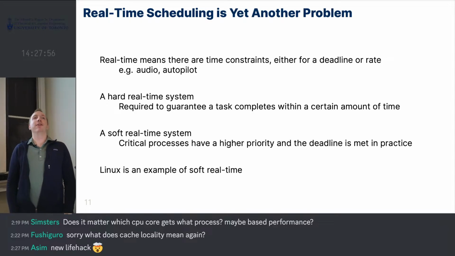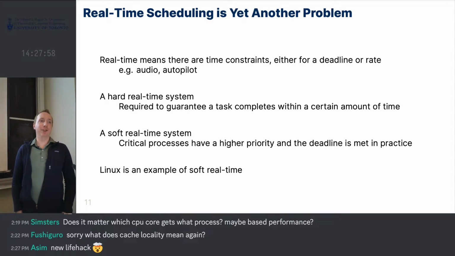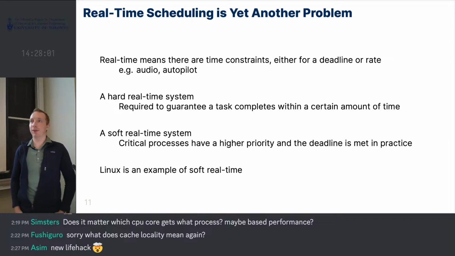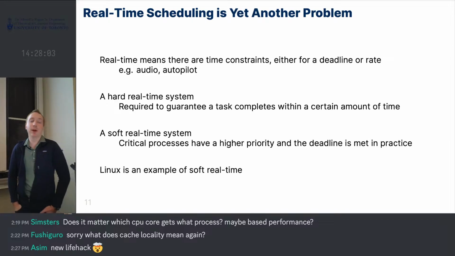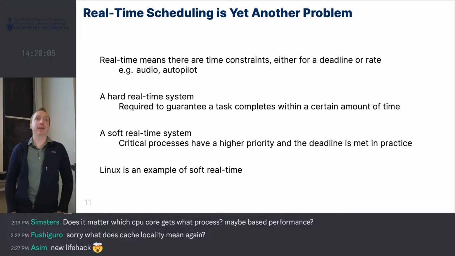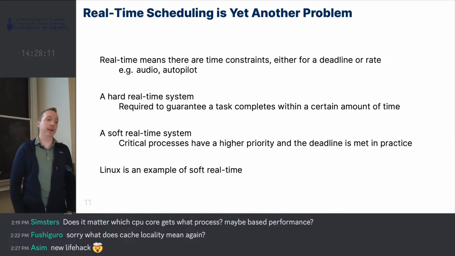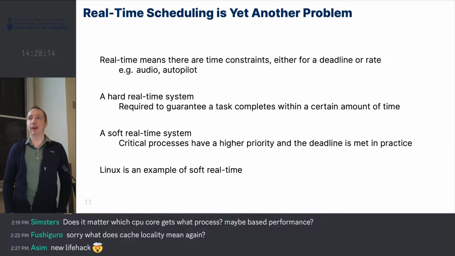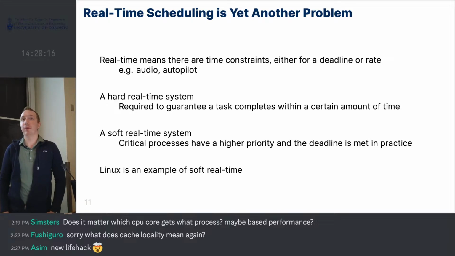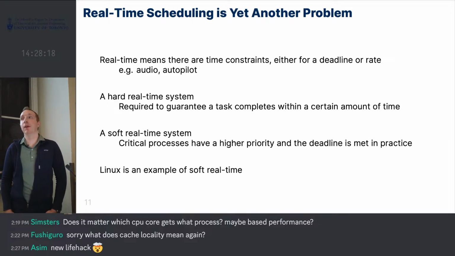So there's also another hitch, something called real-time scheduling that we might have heard of before. Real-time means that there are some very heavy time constraints, either for a deadline or a rate. So you can think of something like audio. Audio has to be processed in a certain amount of time.